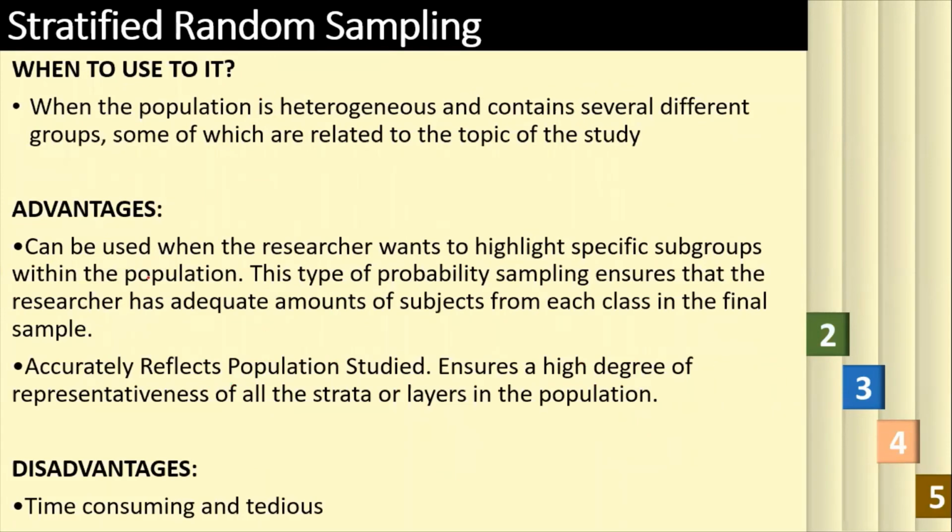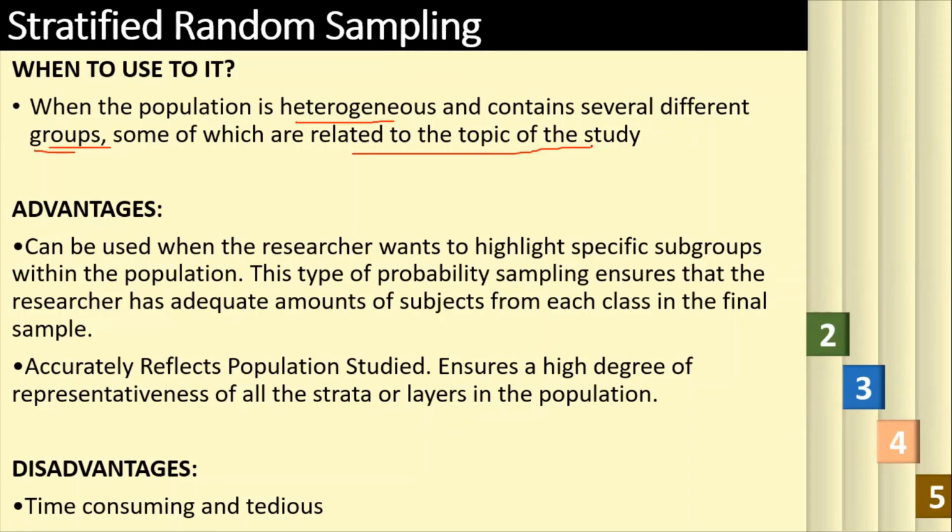Okay, so when to use it? If the population is heterogeneous and contains several different groups, some of which is related to the topic of the study, magamit na nimo siya.